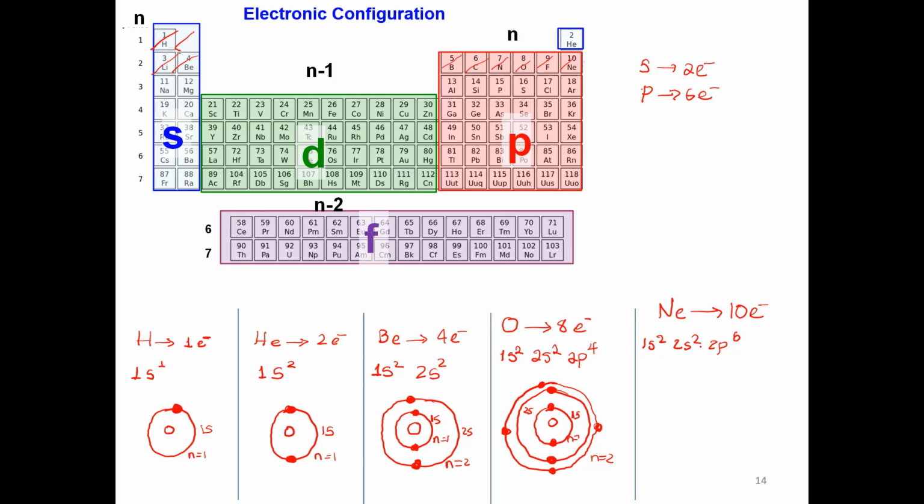And now we have the electronic configuration for neon, which is 1s2, 2s2, and 2p6.